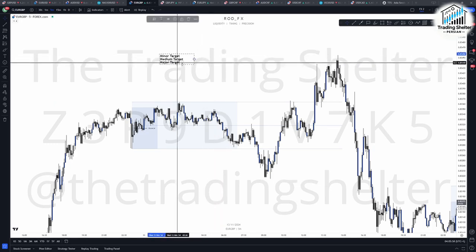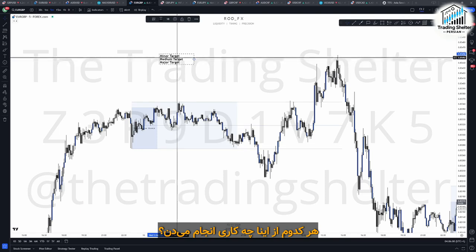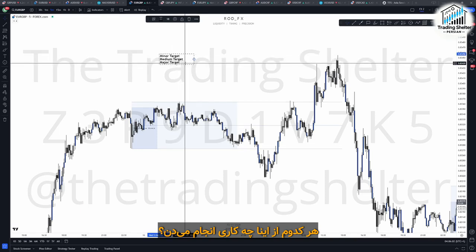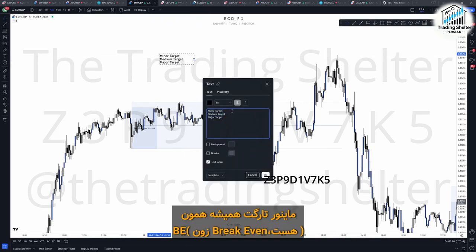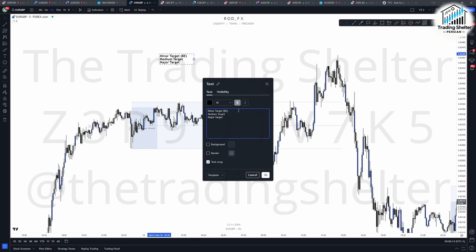What does each and every single one of them do? The minor target is always the BE zone, where you are closing your position to BE, break even.